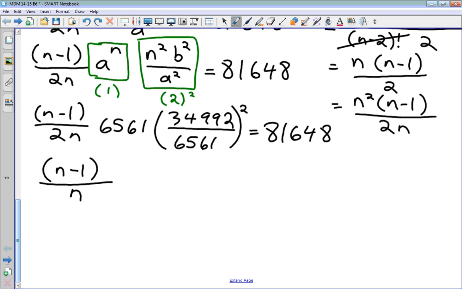I'm going to take the 2, the 6,561, and this thing, all of the things that are just numbers, and let's evaluate them. Okay, just punch them into our calculator. So 6,561 divided by the 2, because it's over 2, times this big thing squared. So punching this into our calculator, we get 93,312.